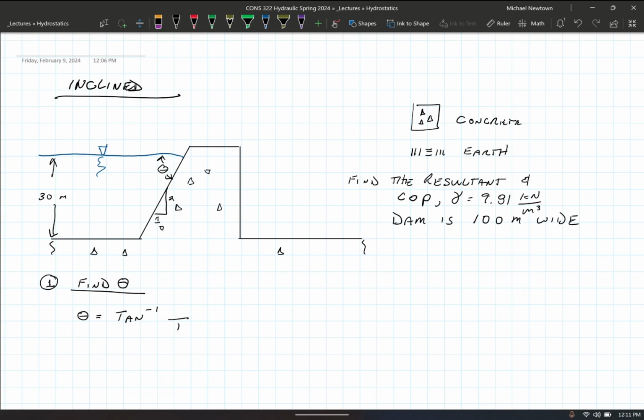Oh, that's not z. Sorry, that's 2. Come on. 2 over 1. And that turns out to be 63.4 degrees, which is kind of cool.